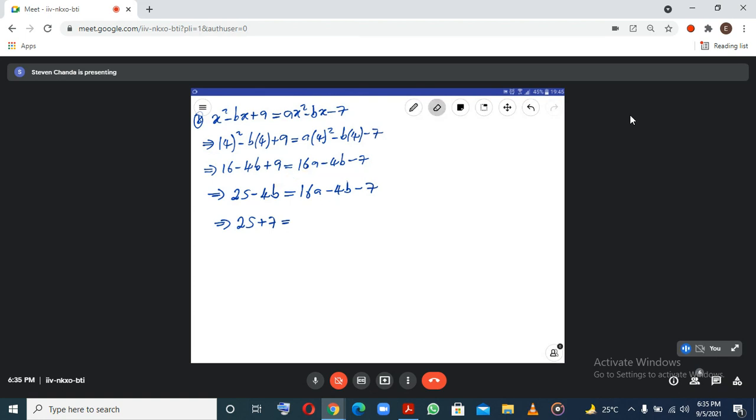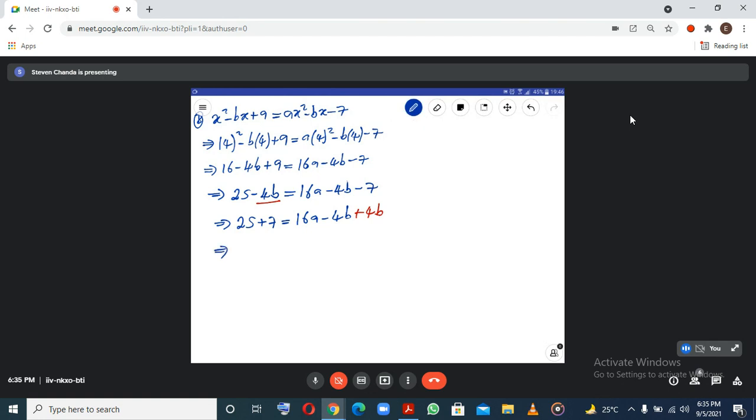Then we also move the negative 4b. Then this negative 4b that we've gotten from the right now becomes a positive 4b. I've written it in red so that we can keep track of it.